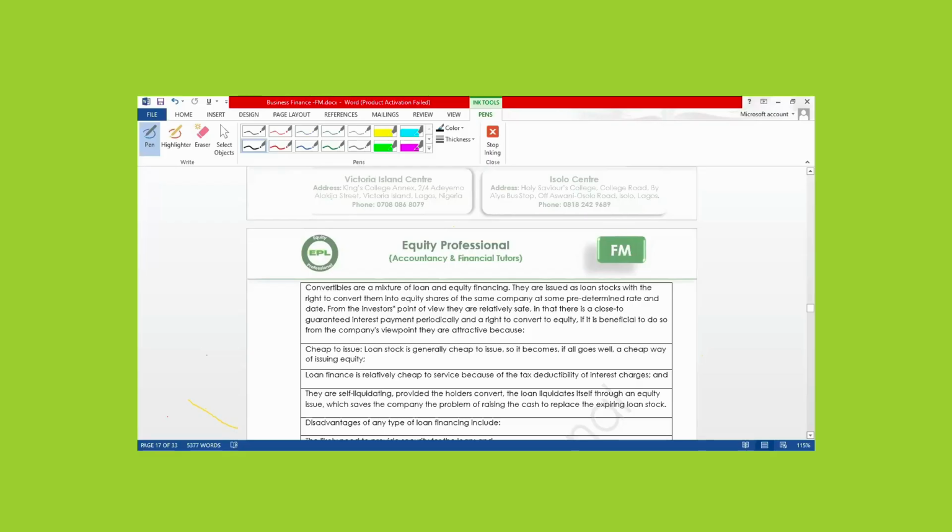The interest charge is tax allowable. The loan stock are self-liquidating, provided the holder converts the loan.